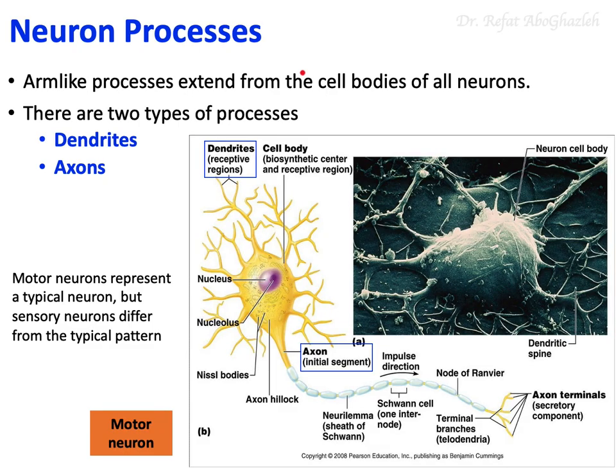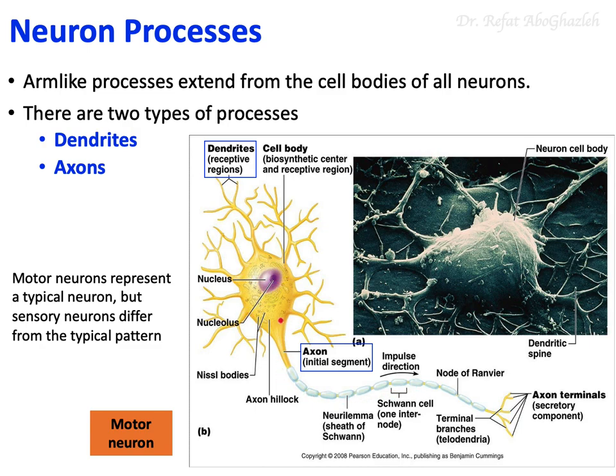Now, we finished the cell body, but the cell body, as you see here, has processes. So we have a cell body and we have the neuron processes, which extend out from the cell body of all neurons. We have two types of processes, guys. You see the dendrites coming out from the cell body, and also you have the axon, as I mentioned earlier.